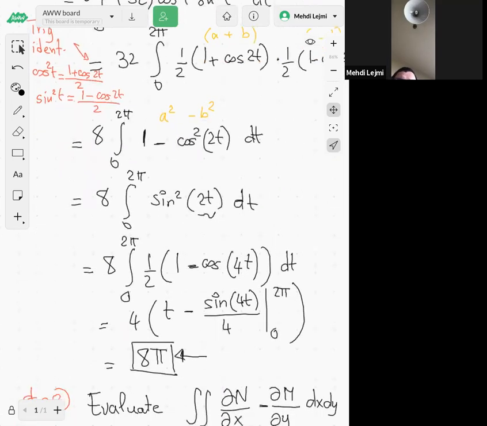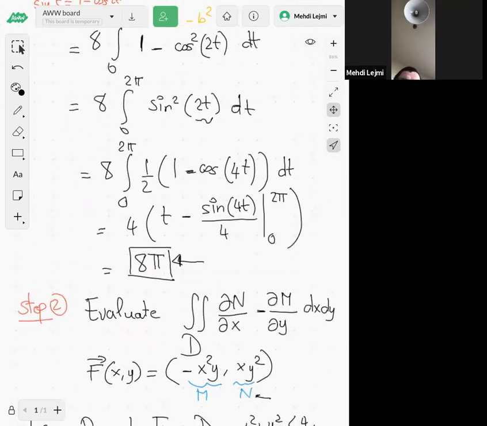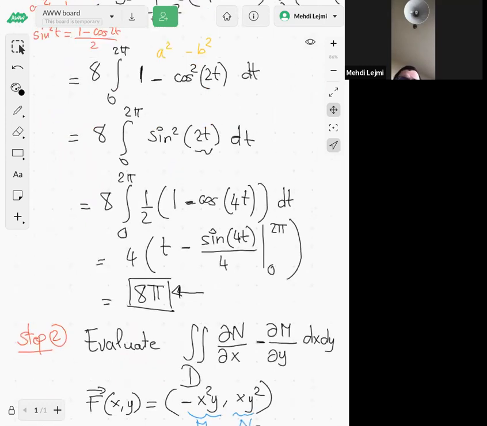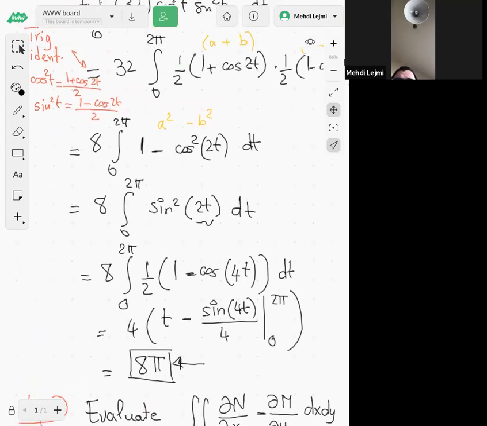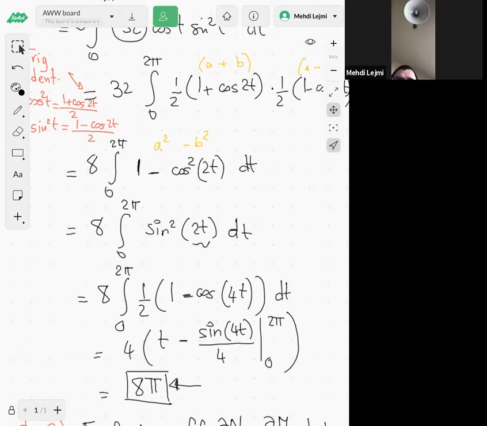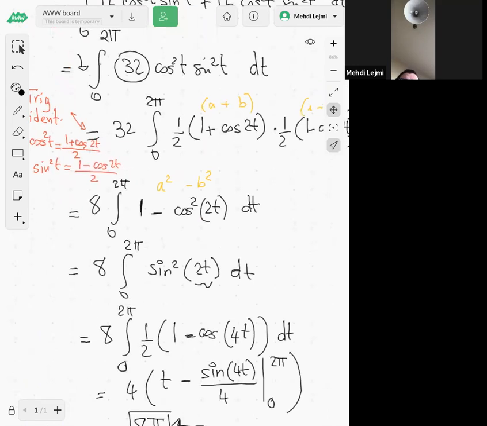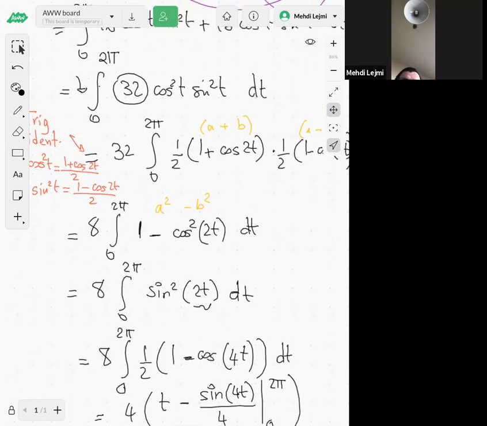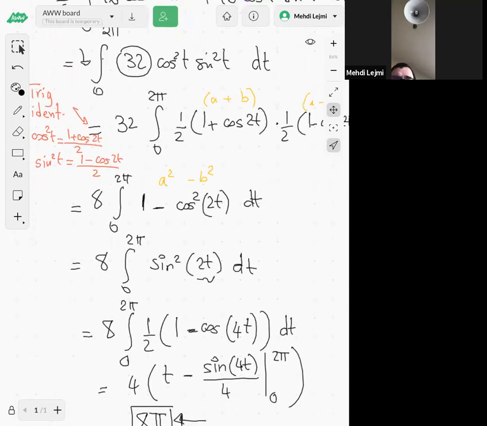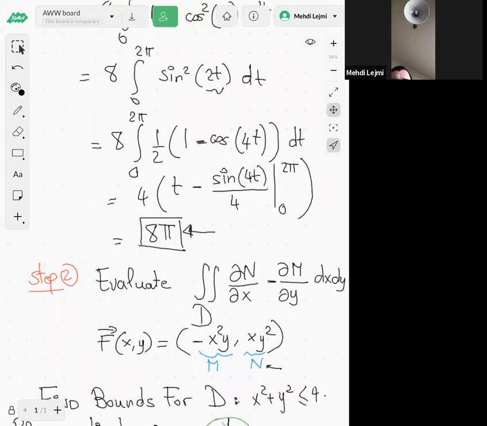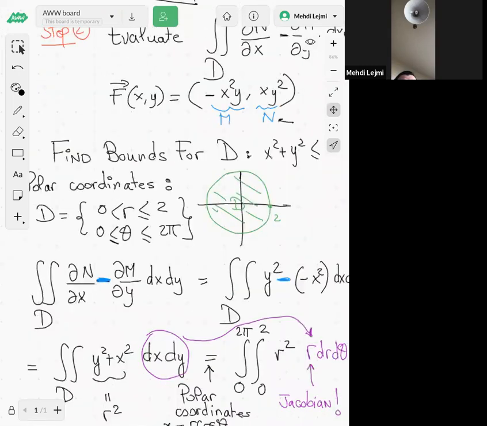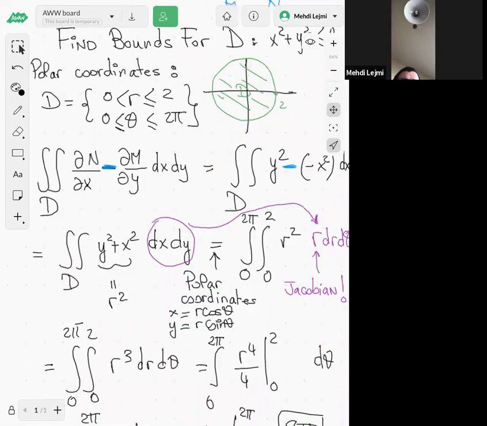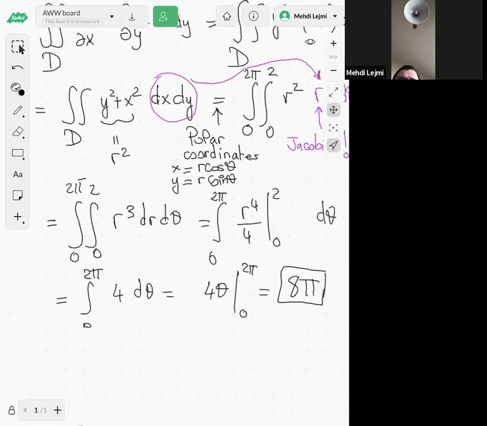So it depends on the problem. Sometimes the right side of Green's theorem is easier to compute, and in some other problems the vector line integral, the left side, would be easier to evaluate. In this problem, the right side is much easier. Of course, you have to use polar coordinates, but if you do, it's straightforward.